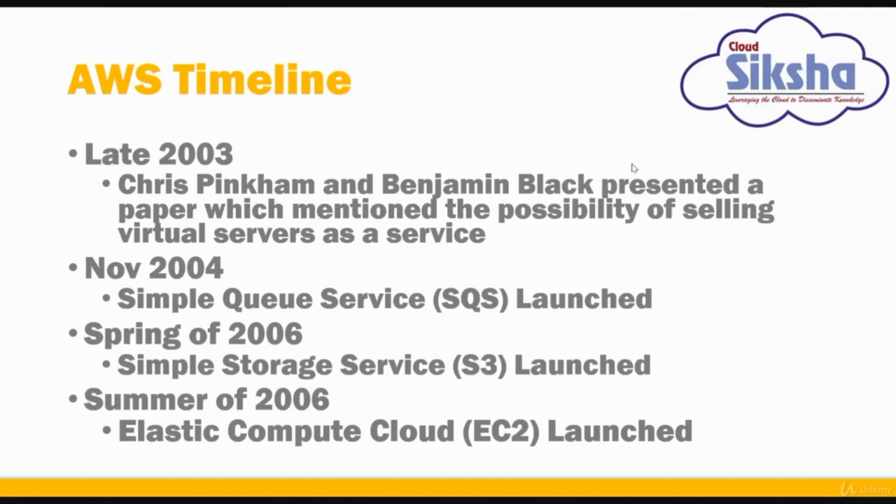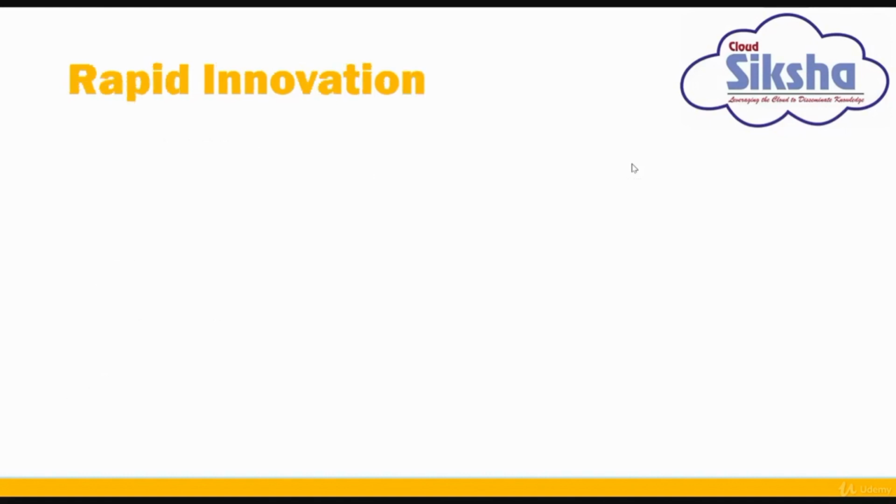From 2006, Amazon has made rapid strides. Their pace of innovation has been terrific, and the number of features and services that they keep announcing really shakes up the competition.